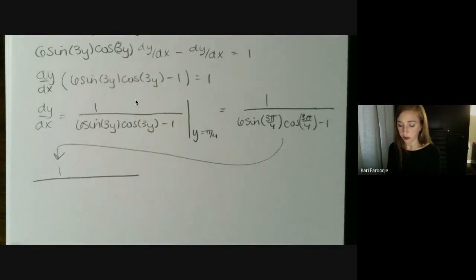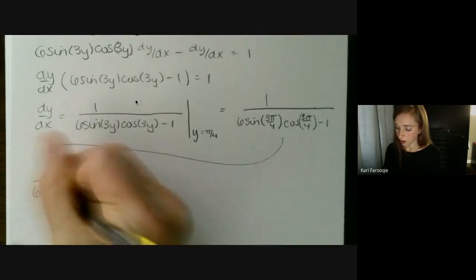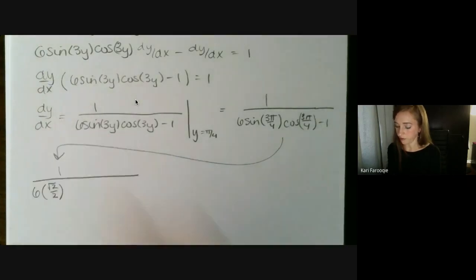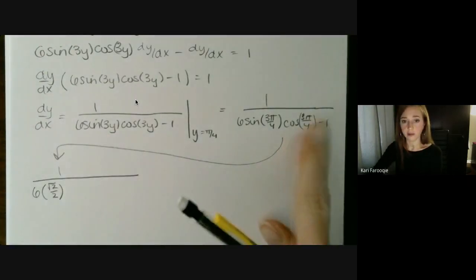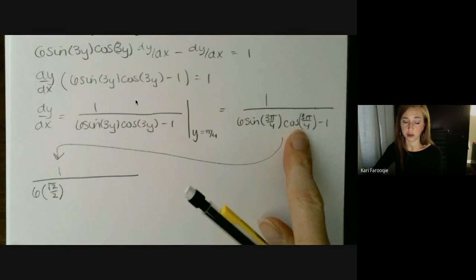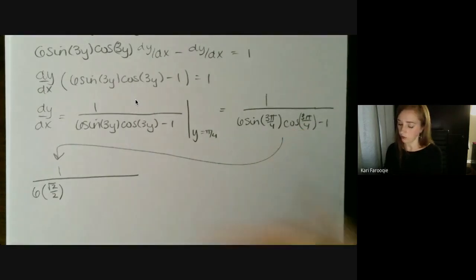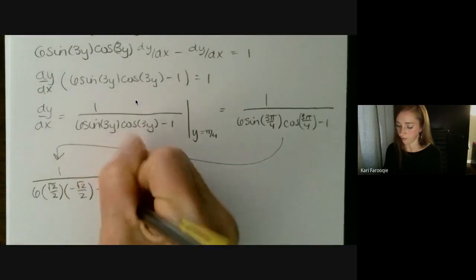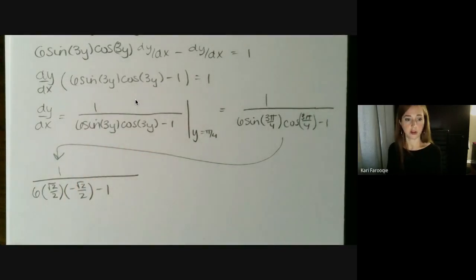The reference angle is 45 degrees. The value of the sine is root 2 over 2. So it's positive root 2 over 2. But cosine in quadrant 2 is negative because the x values are negative. So we'd be looking at negative root 2 over 2 in that case, and then minus 1. This is where you have to know your trig values.